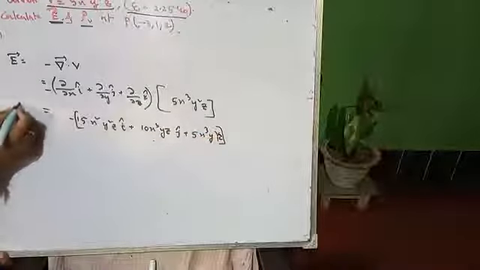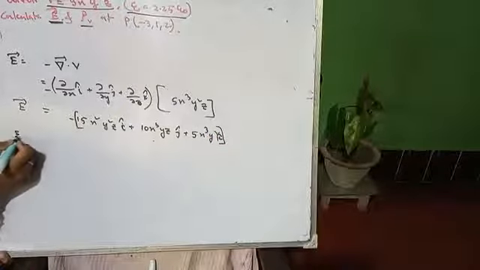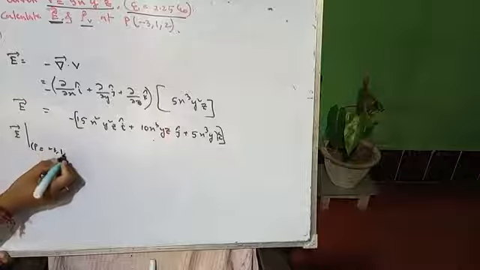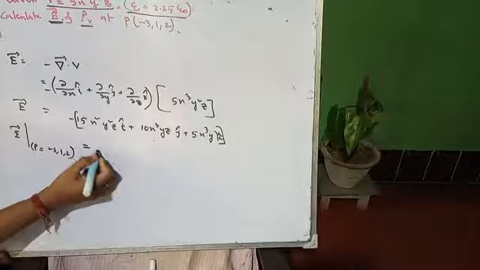So this is your intensity E, and now put this intensity at point P, which is (-3, 1, 2).